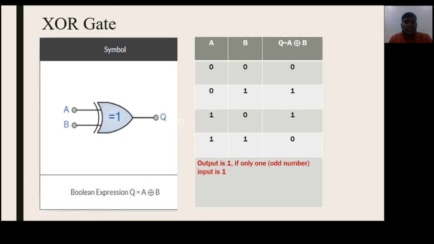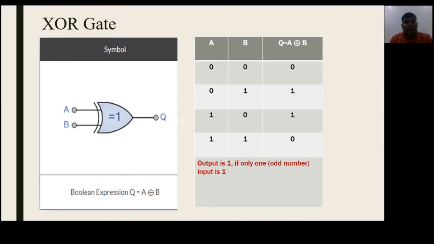Okay, in the table, at input 0 0 output will be 0, and also at input 1 1 output will be 0. In all the other cases like 0 1 and 1 0, the output will be 1. Okay, except that output will be 0.